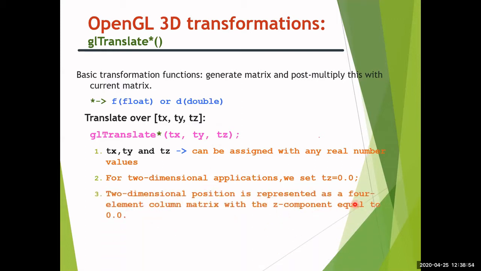Even a two-dimensional position is represented as a 4-element column matrix with the Z component equal to 0.0.